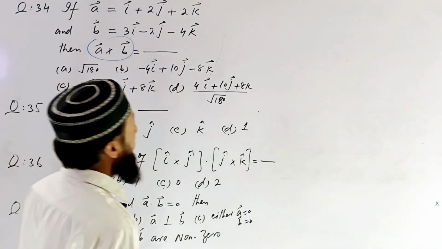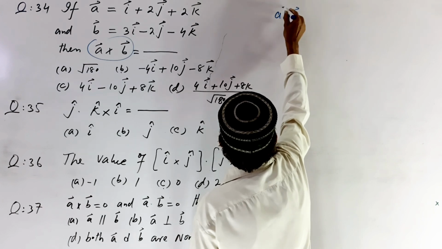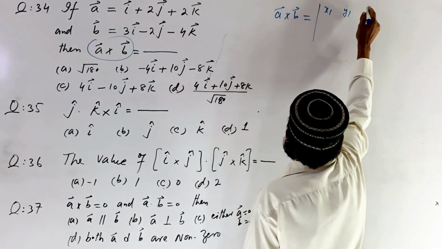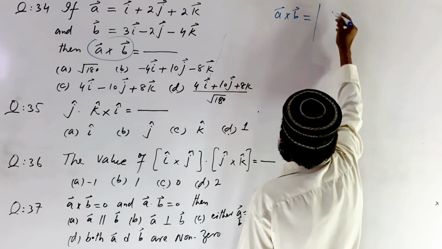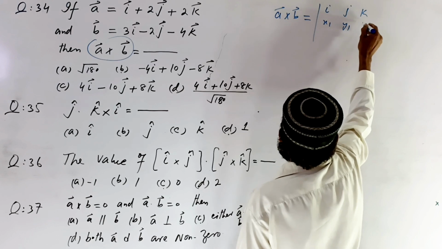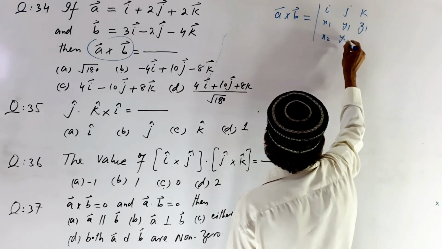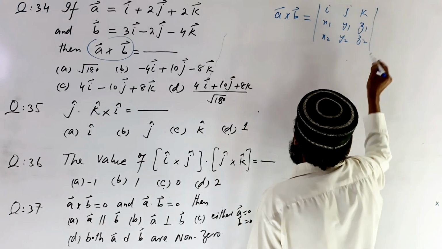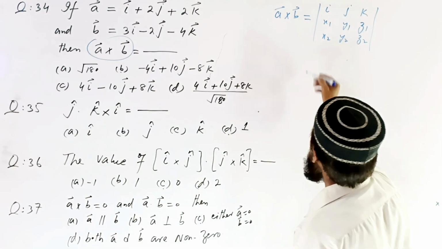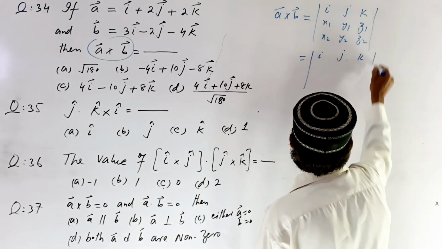According to the rule of the cross product, we know that A cross B can be written as the determinant with rows i, j, k, x1, y1, z1, x2, y2, and z2. According to this formula, if we expand this result, we put the results for i, j, and k.